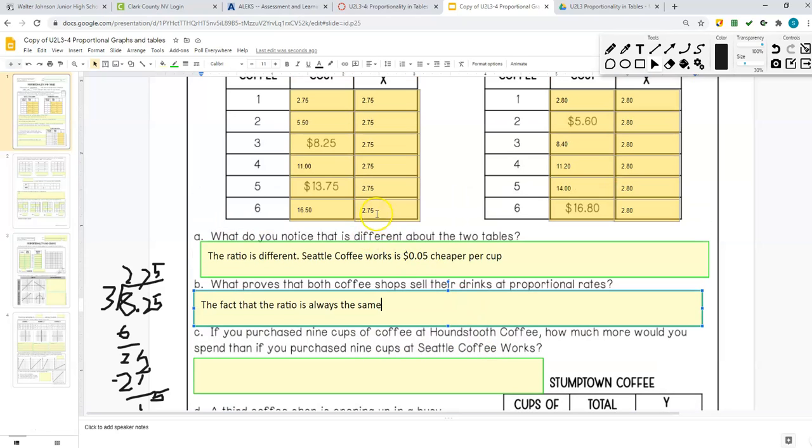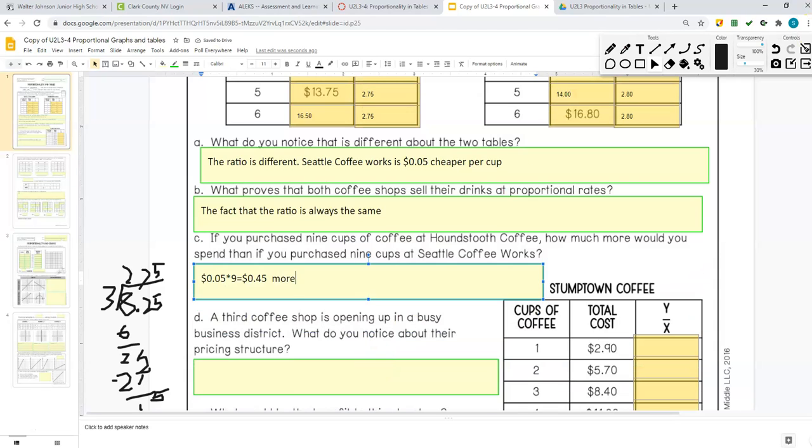Well, it's 5 cents more per cup, so it's going to be 0.05 times 9, which is 45 cents. Let's go ahead and put that money symbol in there. Oh, not there, but there. So it's 5 cents times 9 cups, so 45 cents more.